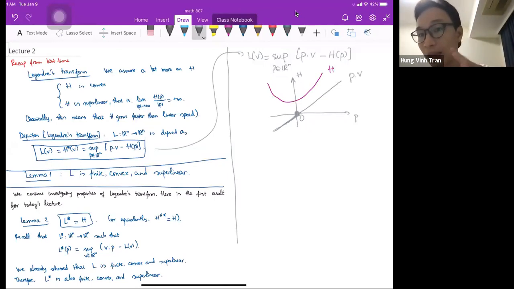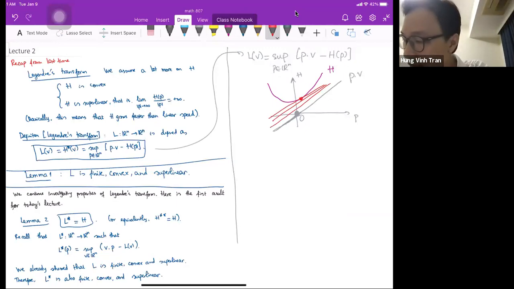And you can see that either you are taking the supremum, the maximum value, or the geometric picture is that you are lifting the line up until it touches the graph at this point.